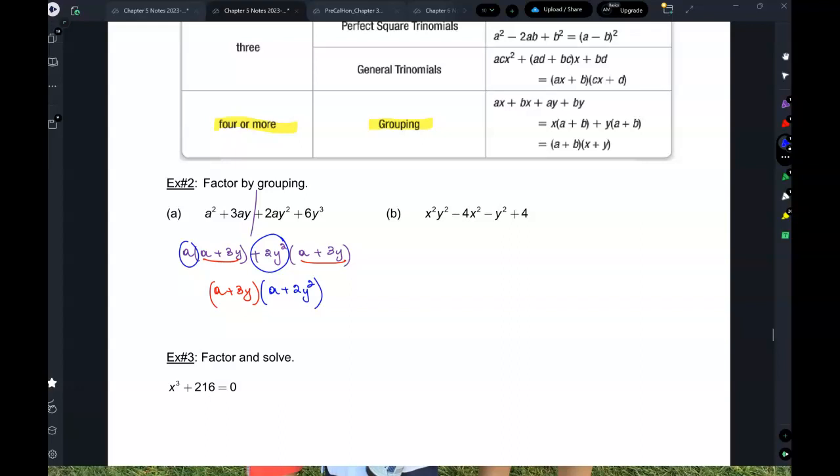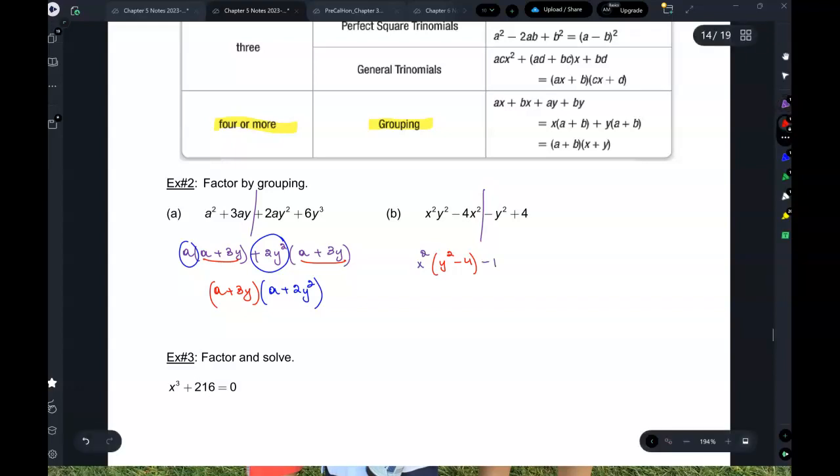Okay, let's take a look at this one. Let's factor this by grouping. Split it down the middle. Okay, I'm going to take out an x squared, right? I have what? Y squared minus 4. Now, from here, I can actually factor out nothing, right? But what I can do is take out a negative 1.